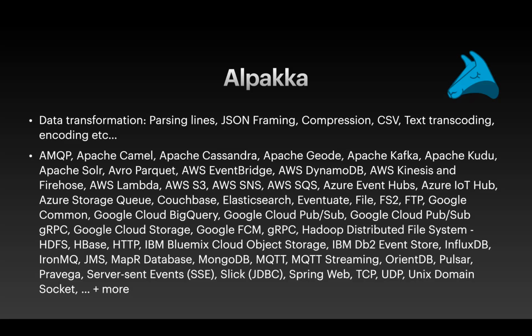For example, if you're dealing with processing CSV, parsing JSON, calling gRPC services, or Apache Kafka or Pulsar or any service like that, it's very likely that some people have already built a very good library for this, and you can just use that. If you attempt any kind of integration with a legacy system, you can probably find a package for it. It's a very up-to-date collection of libraries built on top of Akka and Akka Streams.